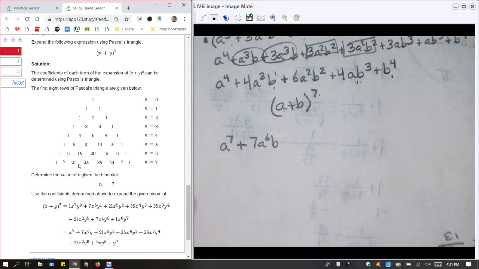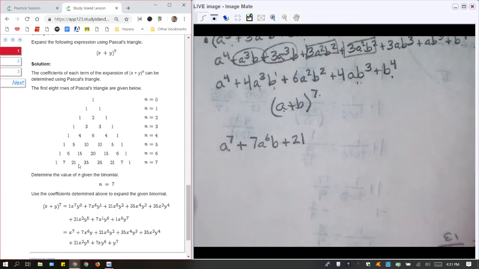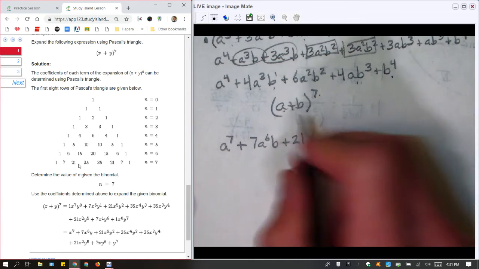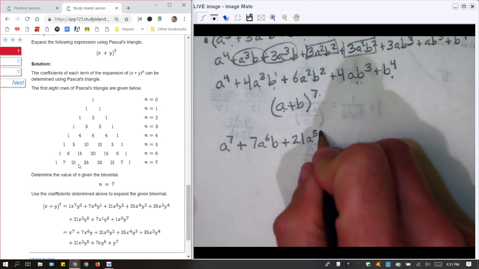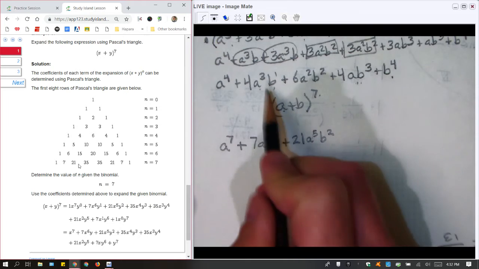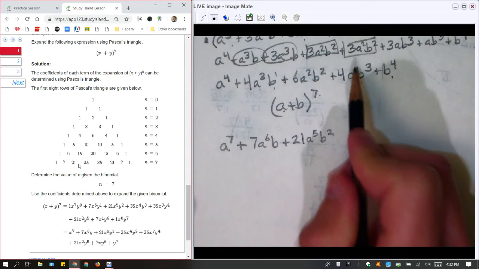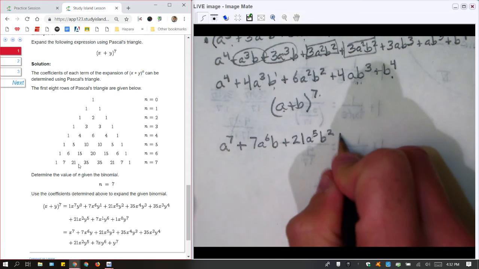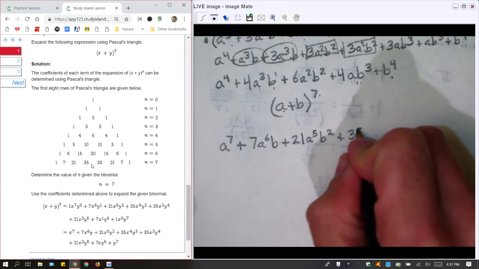And then next is 21, so it's going to be plus 21. And then again, I'm going to take away from the 6 and make it a to the 5th. But I'm going to add 1 to the b's exponent and make it b squared. And this is the pattern that these all follow. Minus 1 from the a exponent keeps going that way. And then my next one after 21 is 35. So I have 35.